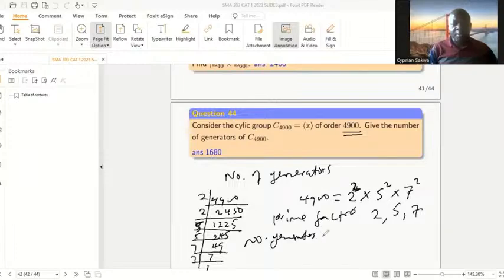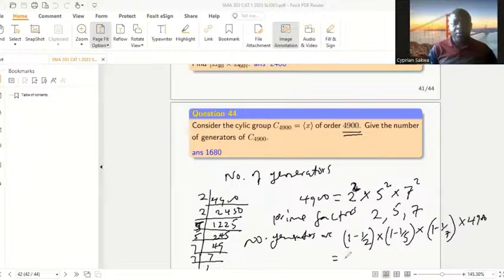are given by 1 minus a half. That a half is coming from this 2. Then times 1 minus a fifth. This 5 is this. Then times 1 minus 1 out of 7. This 7 is here. Then times 49 is here.